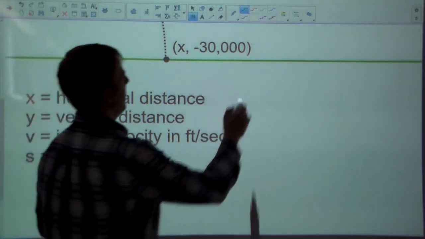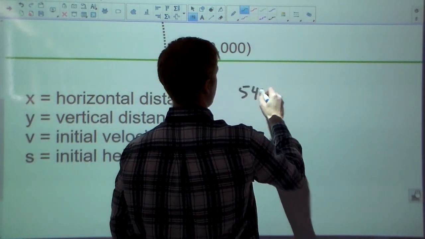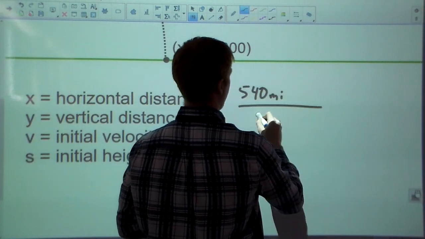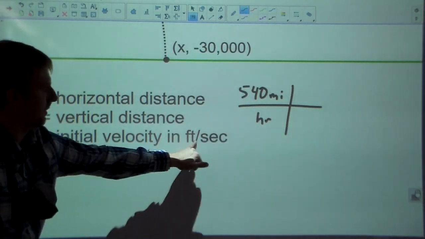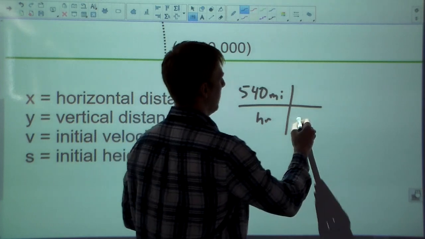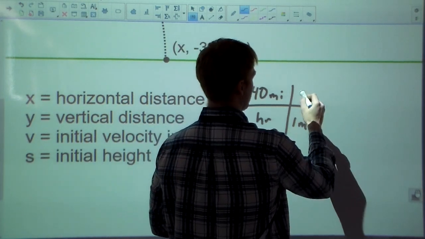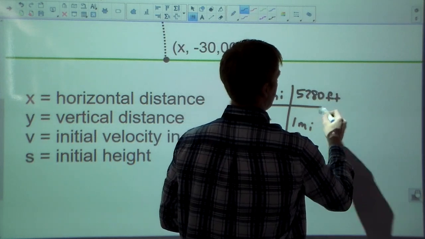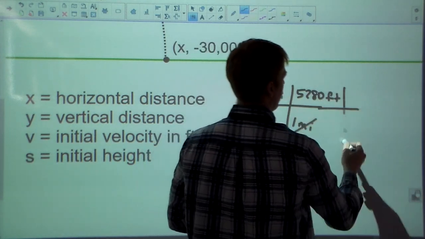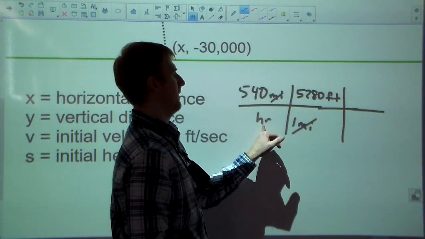I'm going to start with the miles per hour conversion. So 540 miles per hour. We want to get that to feet per second because it says our velocity is in feet per second. So our unit conversion table, a mile is 5,280 feet. Let's get rid of miles. And instead of hours, I want to be in seconds.